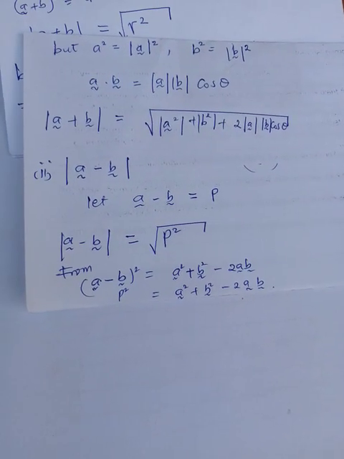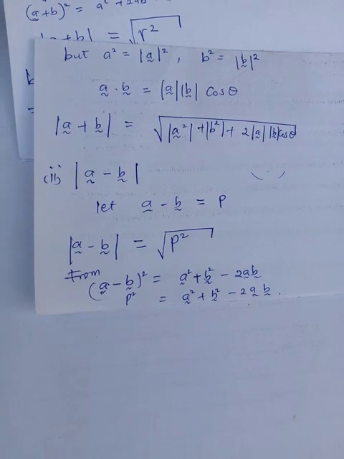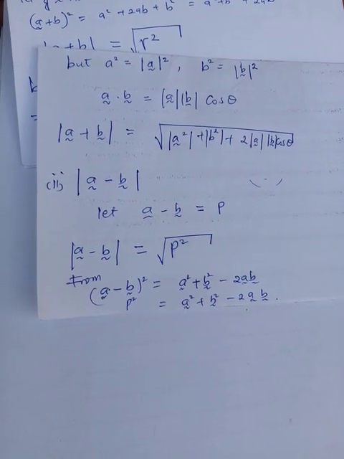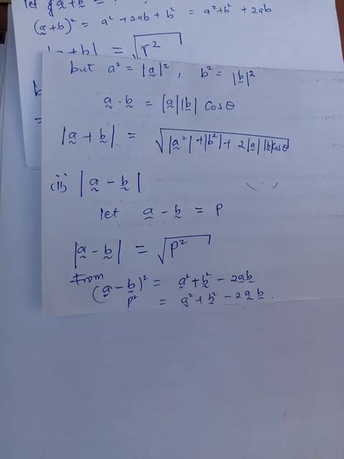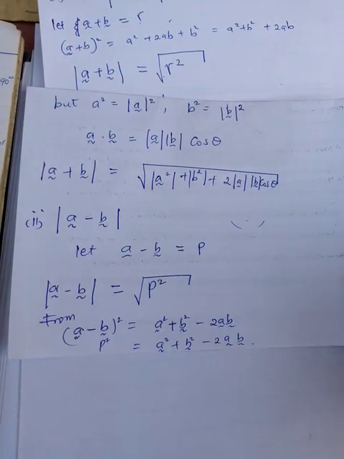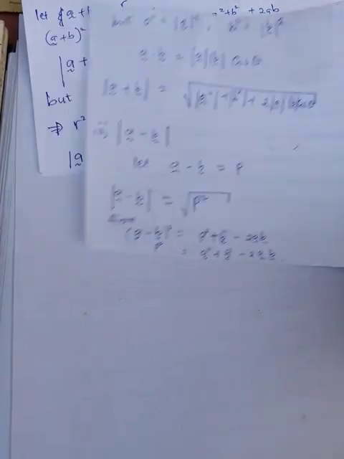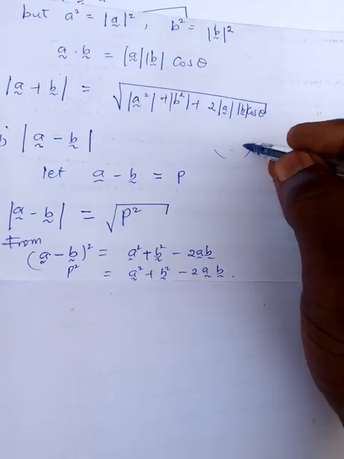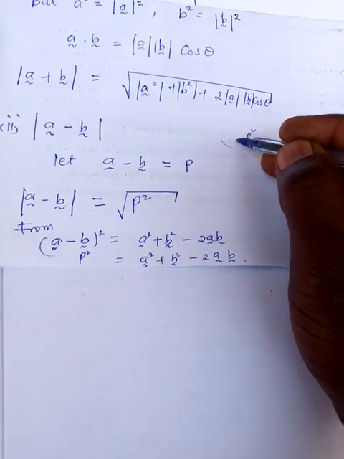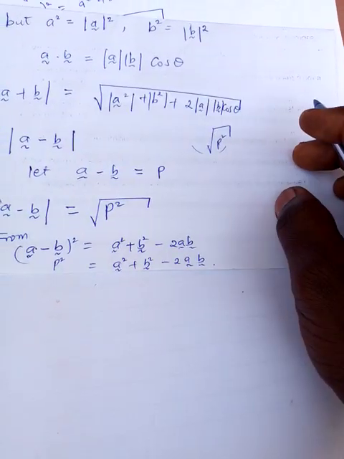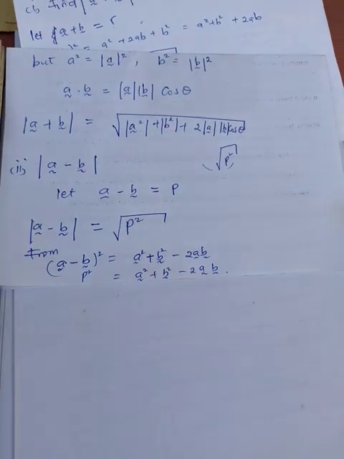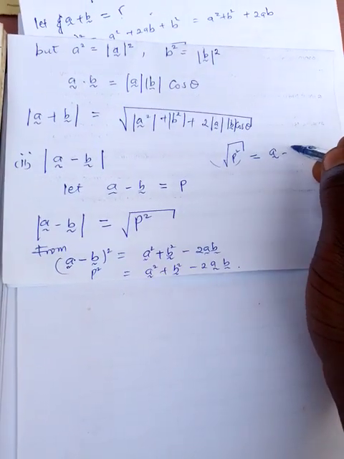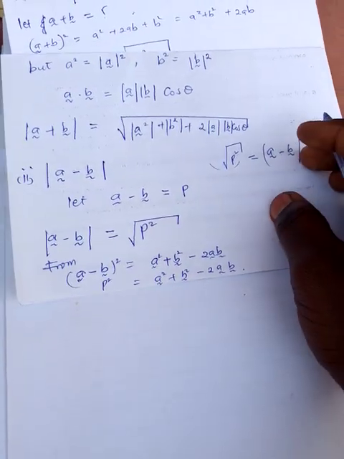So what we are left with is to substitute. What we want is p squared under square root, which is the same as the a minus b magnitude.